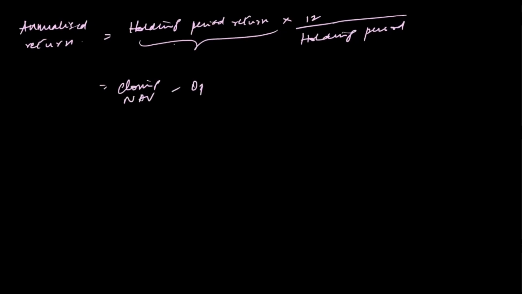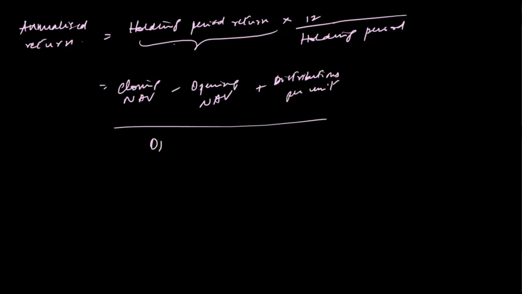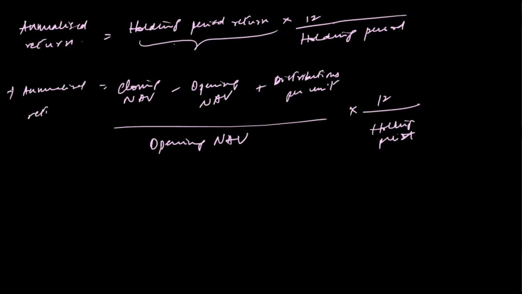Closing NAV minus opening NAV plus distributions per unit divided by opening NAV, right? So this is holding period return into 12 by holding period. So this is annualized return, right? So we will use this formula to solve the problem.